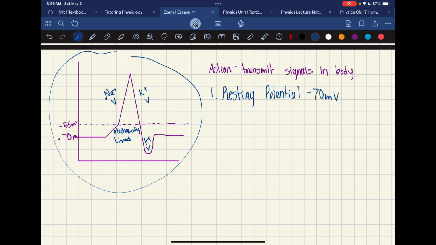This is maintained by the potassium leak channels, like we talked about earlier. And the sodium and potassium pump is usually active.